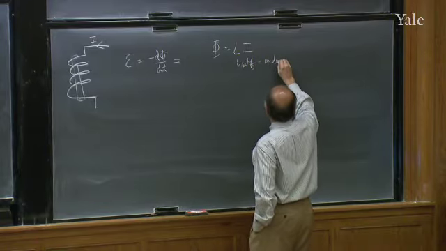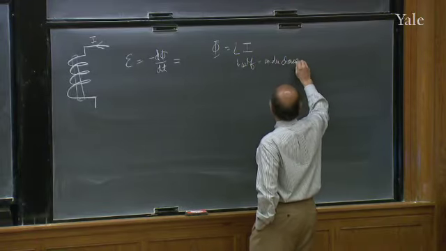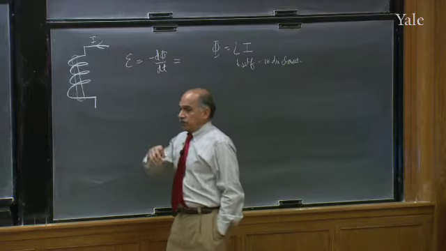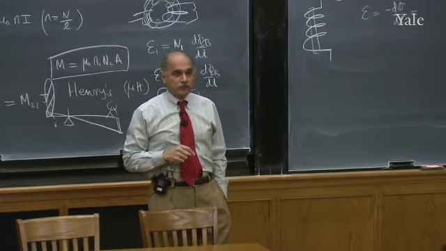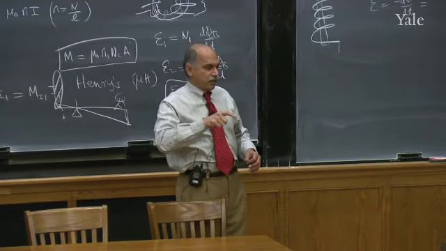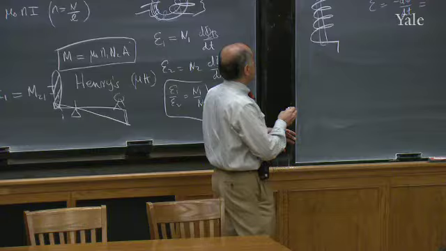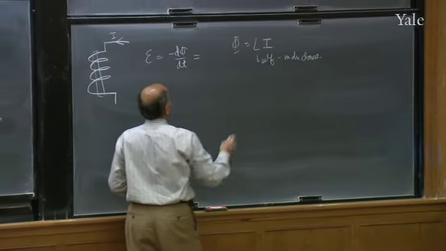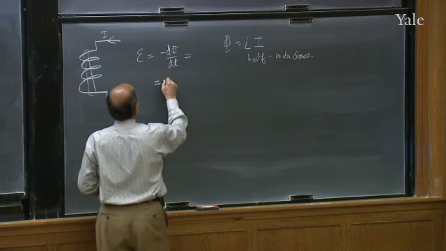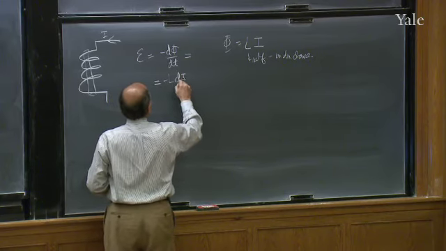The self-inductance is how much flux you produce by a current going through yourself, not on another coil, on yourself. So every coil, when it carries current, will have some flux threading through itself. That ratio is called the self-inductance, also measured in henries. So this becomes minus L di/dt.